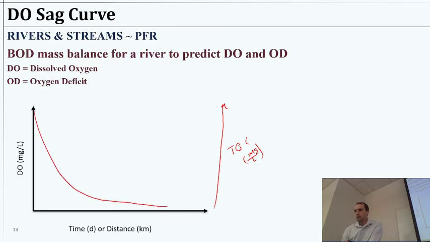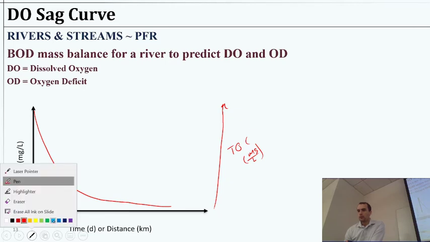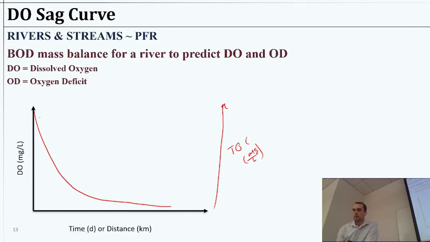And we said it looks something like this. And then we can have our dissolved oxygen. And let's say it's got a saturation mark. And it would look something like that.